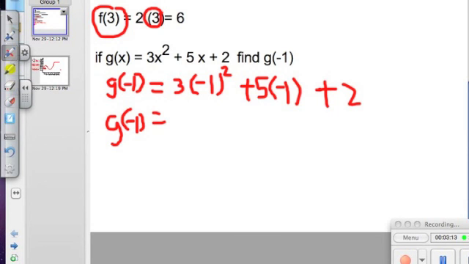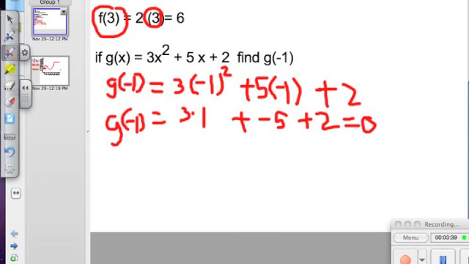Now, I have 3 times negative 1 squared, which is positive 1, so I'll just rewrite that there. 3 times 1 plus 5 times negative 1 is negative 5, and then plus 2. That just comes down. 3 times 1 is 3, plus negative 5 is negative 2, plus 2 is 0.